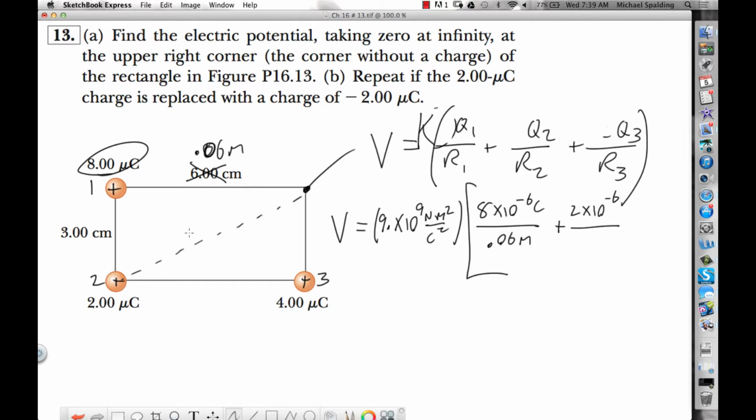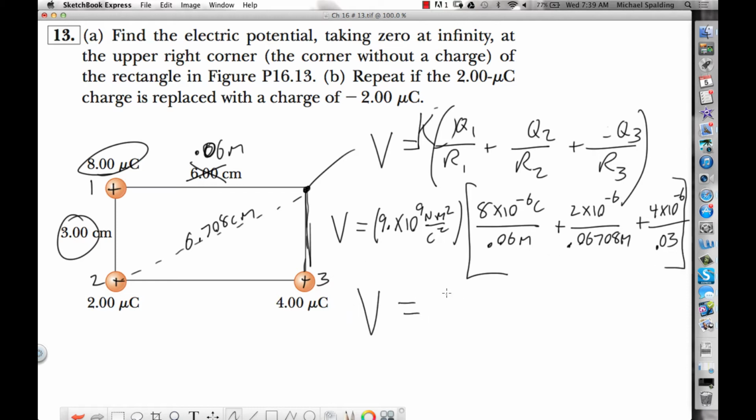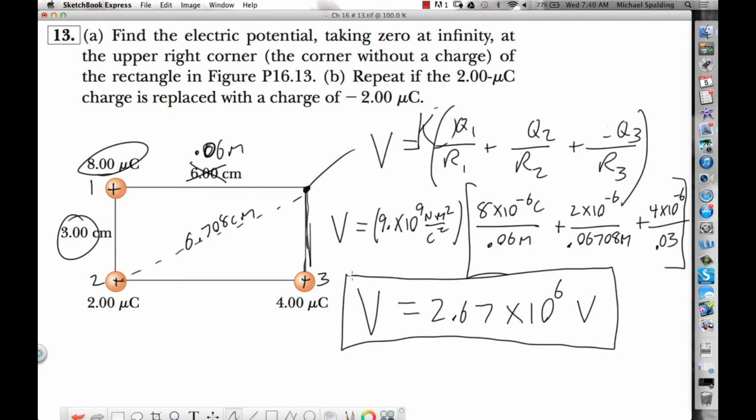When you solve for that using Pythagorean, you get 6.708 centimeters, which is 0.06708 meters. Then plus, the last guy is 4 microcoulombs, 4 times 10 to the negative 6. The distance here is 0.03, 3 centimeters. Punch this into your calculator, and you're done. The answer comes out as 2.67 times 10 to the 6 volts, not to be confused with volts.